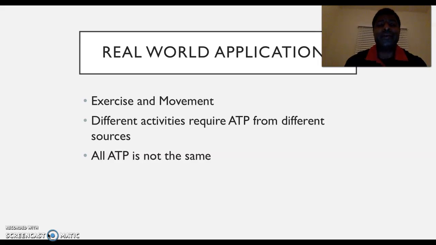That only comes from carbs. So that is why you can't just rely on the system that produces the most ATP, which is fat, because you need carbs. Glucose is what will help give you the power that you need. Different activities require ATP from different sources. All ATP is not the same. In order to maximize your power, in order to go all out, you need to have carbs.